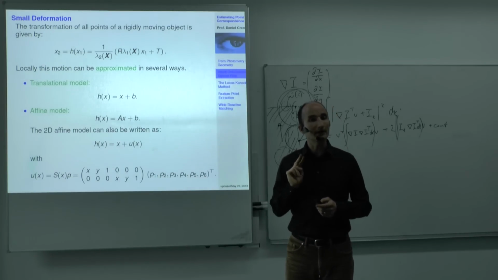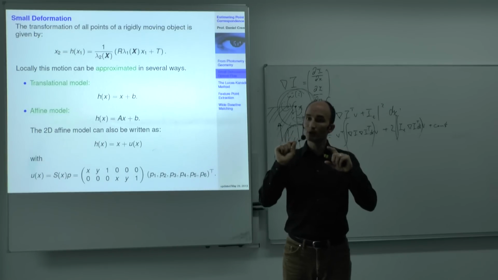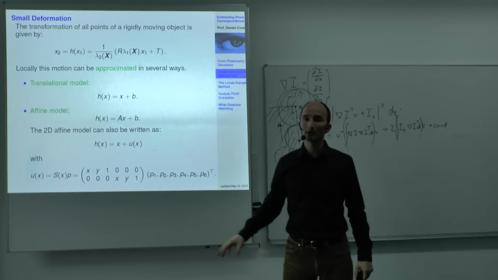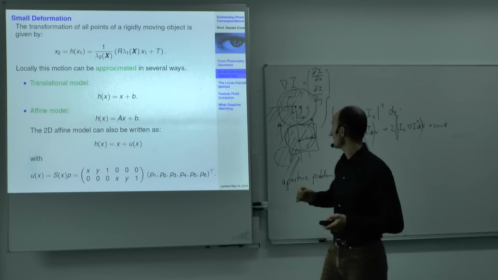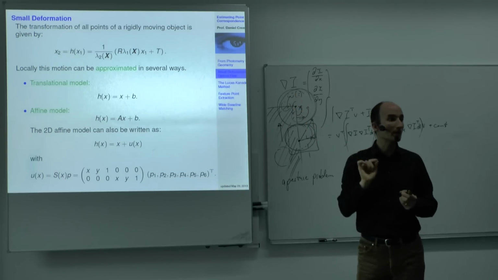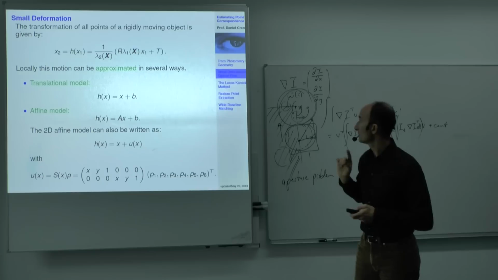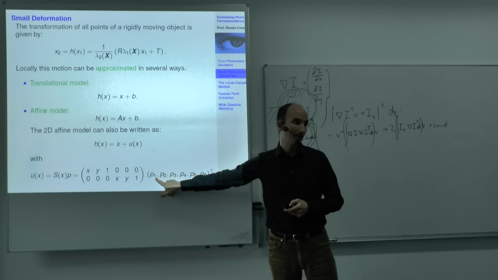So instead of having 2 parameters for my window representing translational flow, I can have 6 parameters that model a more rich flow field that actually changes. So the flow at this point and at this point of the window are not the same. They're different, but what is the same for the whole window are the 6 parameters.